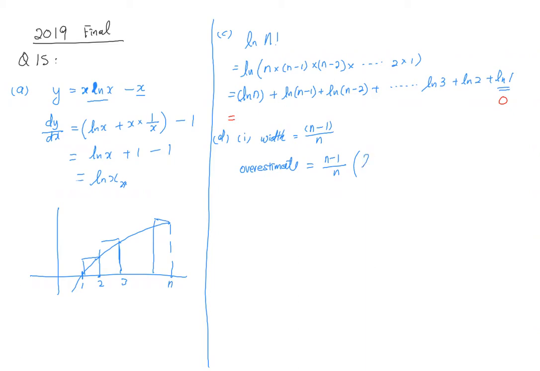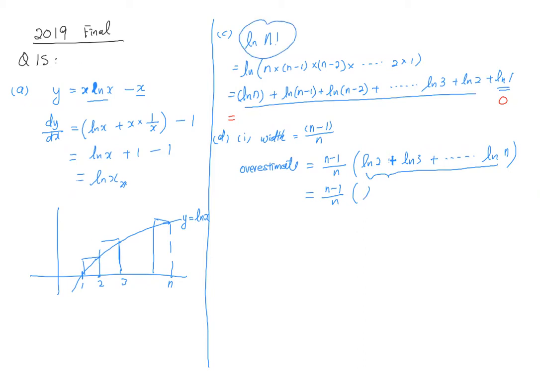So it will be ln 2 plus ln 3 plus until the last one ln n. Am I right? Because this function is y equal to ln x. So I will have (n minus 1) over n, and this one, according to this one, is ln n factorial. You see? Have I explained?